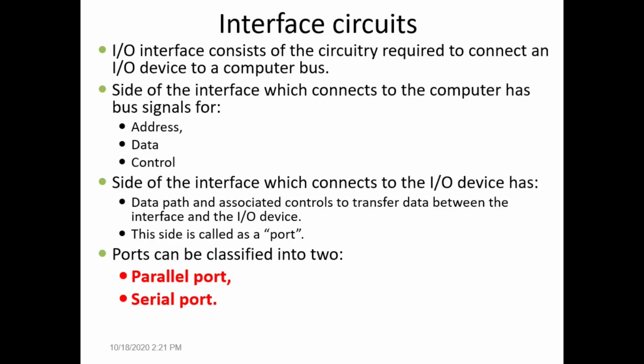Some interface circuits have parallel ports, which are connected to a device which works on parallel data. If an input-output device works on serial data, then the interface circuit will have a serial port on the other side. So let us see what the serial port and parallel port are.